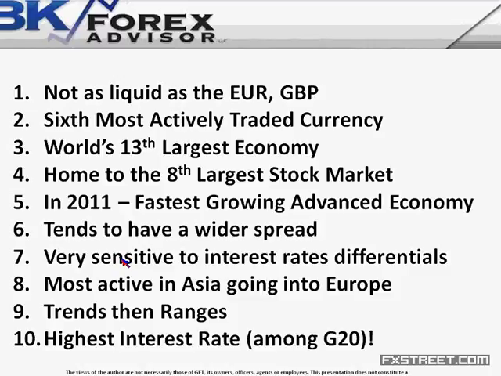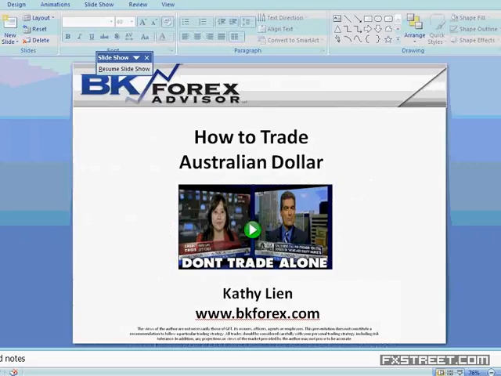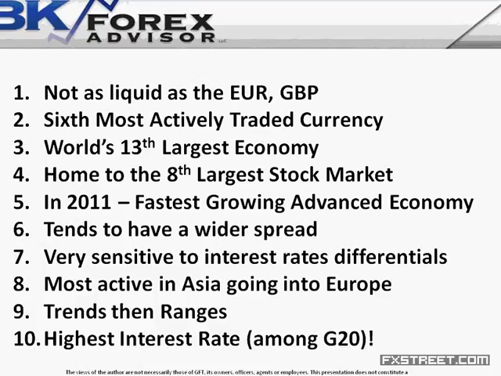But unfortunately, when markets are somewhat nervous, we tend to have a significant sell-off in the Australian dollar. So that can explain why we've seen such a sharp decline in the Aussie dollar today.